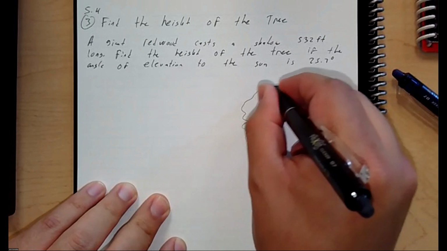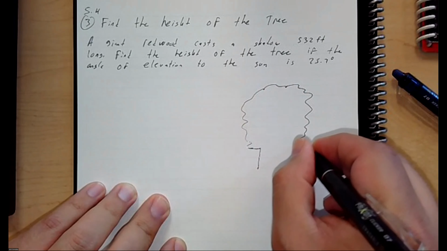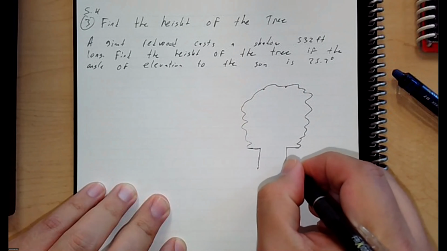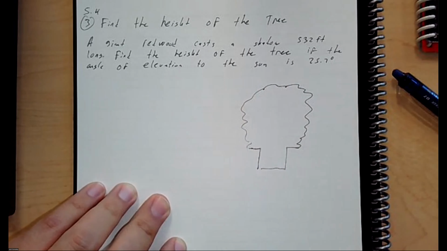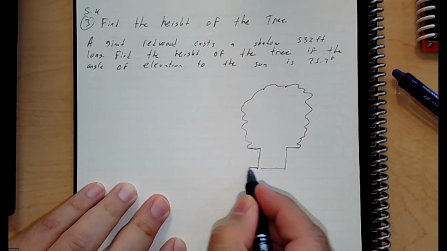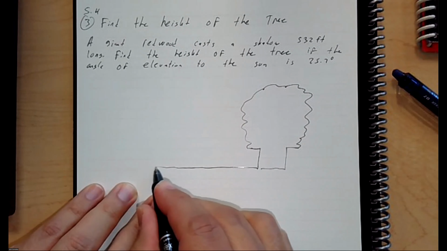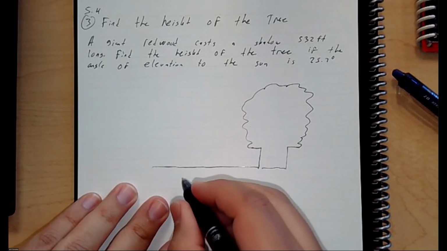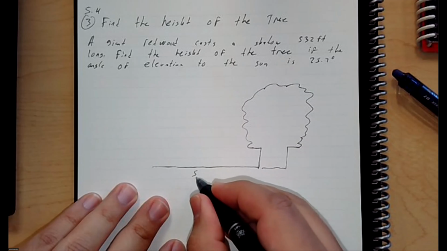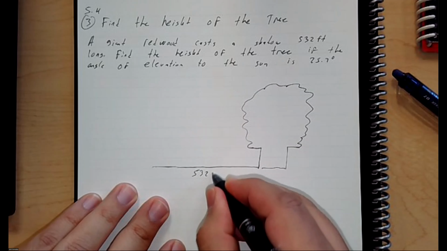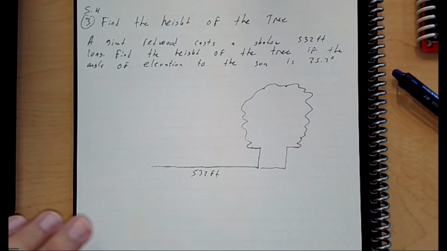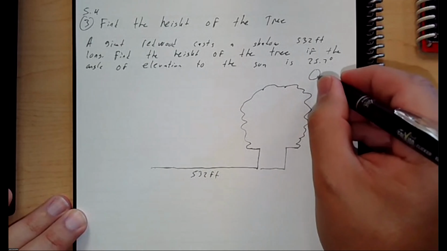My happy little tree here. Okay. Cast a shadow. 532 feet. Put the sun over here, I guess.